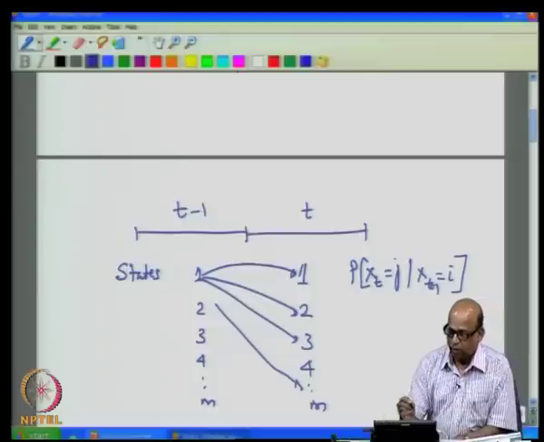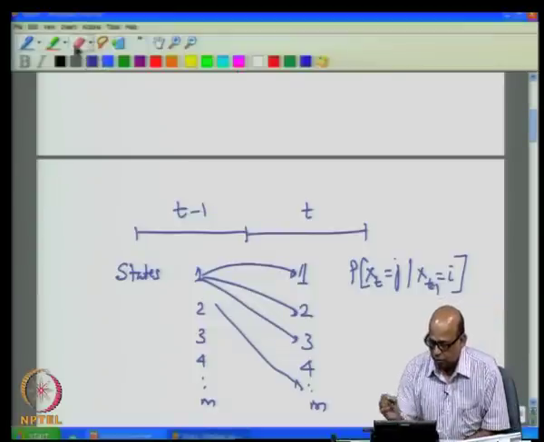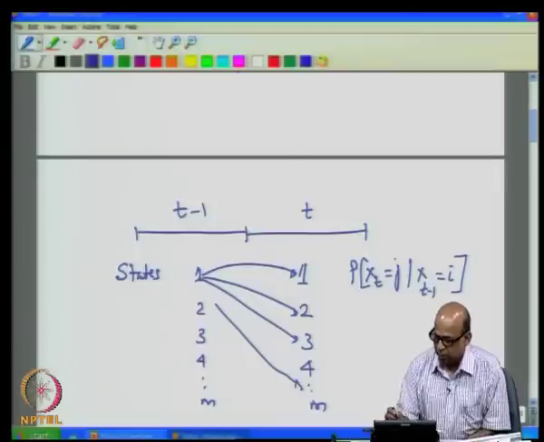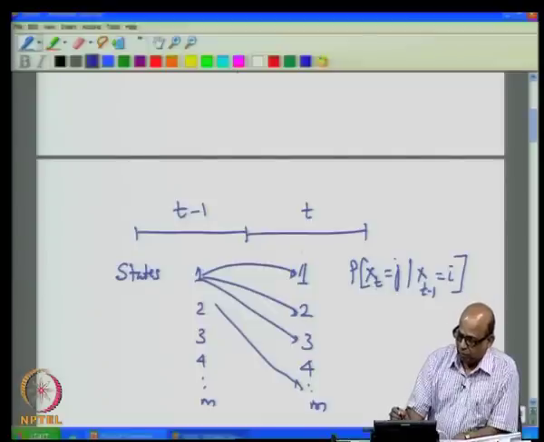Let me rewrite that. So, what I am writing is the probability that in time period t it goes into a particular class interval, given that in the previous time period t minus 1 it was in a class interval i.